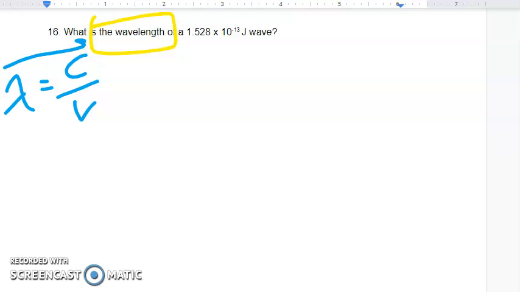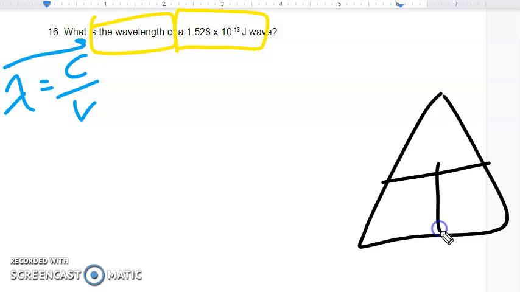But when I look back at what I'm given, I am given 1.528 times 10 to the negative 13 joules. But remember, we need this frequency. So if you look back at your other triangle, we have E, H, and V. And do you remember which unit of measure was joules?